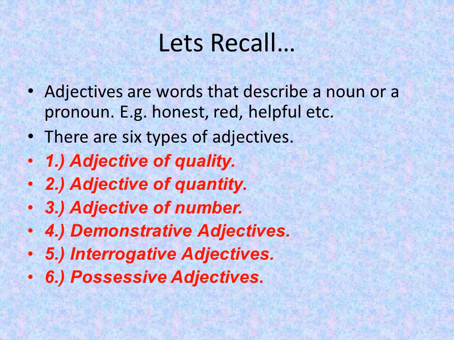In the last class, we have learnt about adjective of quality, adjective of quantity, and adjective of number. Now today, let us learn the other three types of adjectives, that is demonstrative adjective, interrogative adjectives, and possessive adjectives.